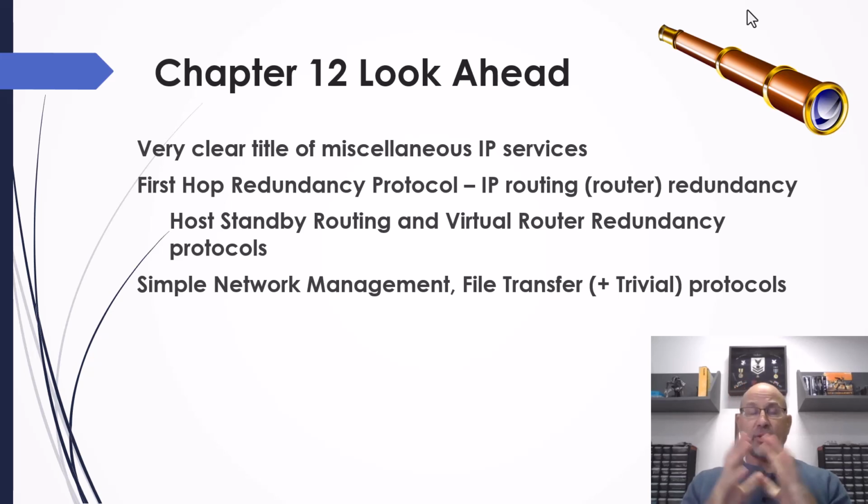So there's actually a collection of these that look at failover or redundancy for your external connection. And then there's some other IP services that we use, simple network management and trivial file transfer protocols. So a couple of extra services we're going to look at.